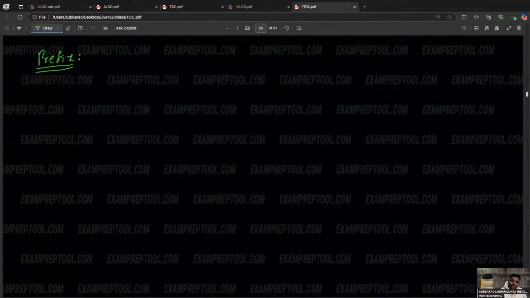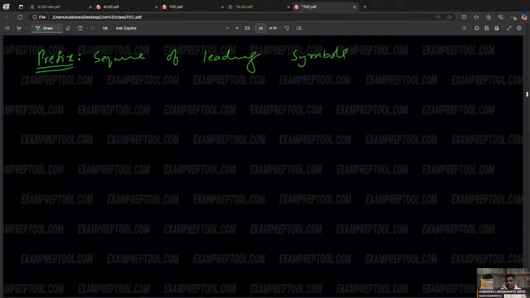A sequence of leading symbols over the string is known as prefix.